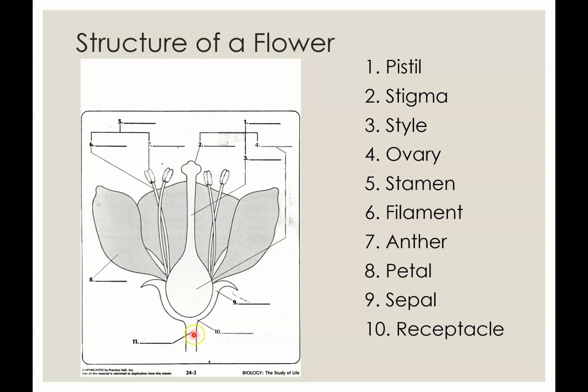So it's like a support structure of tissue that connects the whole flower to the rest, and it will contain vascular bundles to bring nutrients to the plant, eventually to feed the developing embryos inside once fertilization takes place. And last but not least, 11 here is the stem.